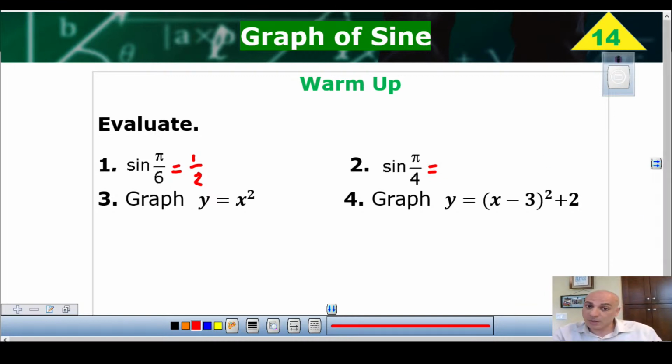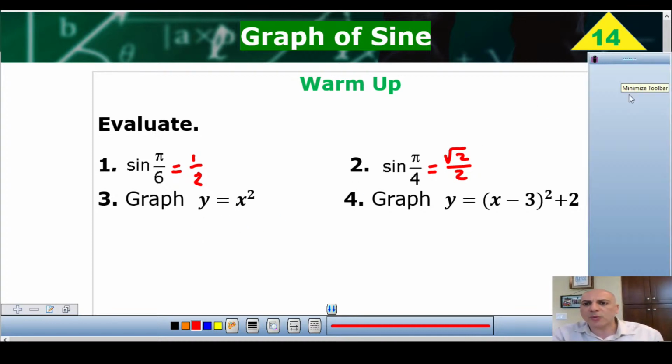Pi over 4 is 45, and sine of 45 is square root of 2 over 2. Same thing with cosine.